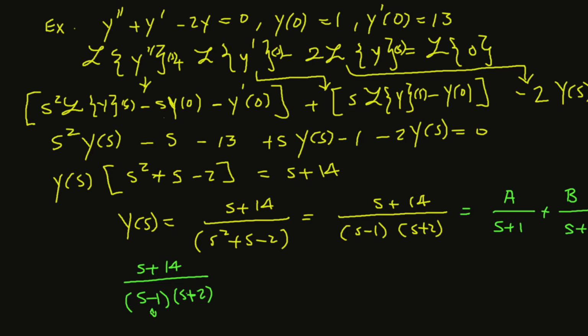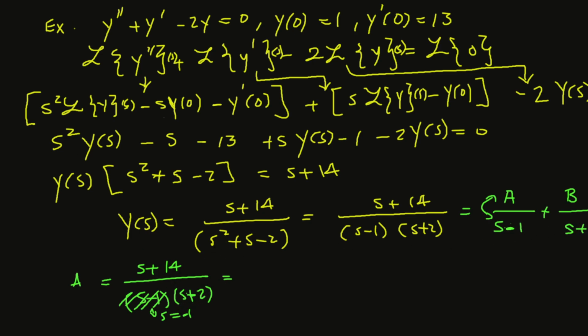The critical value here is s equals 1, so if I cover this, I can just plug in s equals 1 in this quantity here, and it will give me A. Let's fix it: s minus 1, s plus 2.